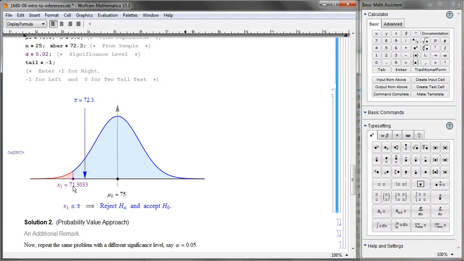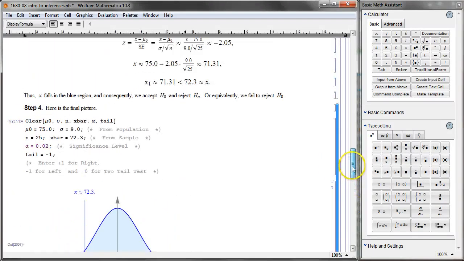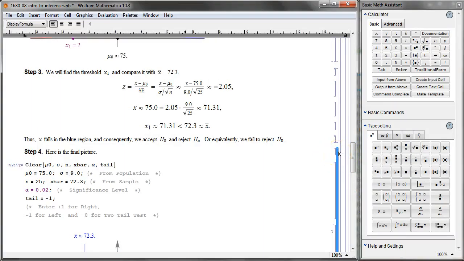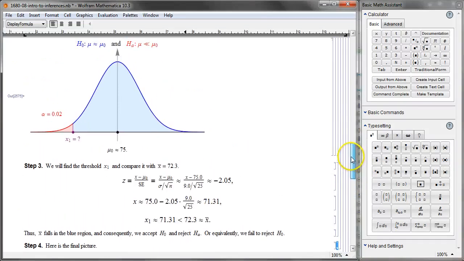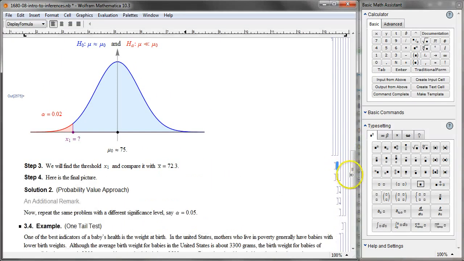Consequently, we accept H0, rejecting HA. As far as the understanding is concerned, this method is a little bit more straightforward and a little bit more mistake-free, at least in my experience while grading a lot of papers.